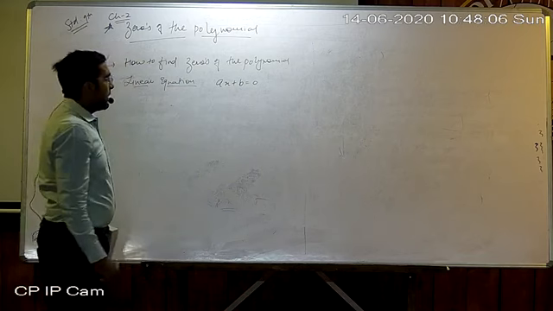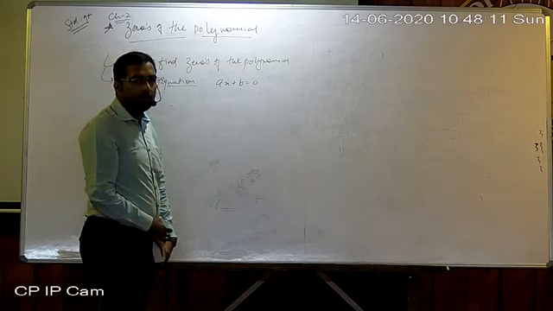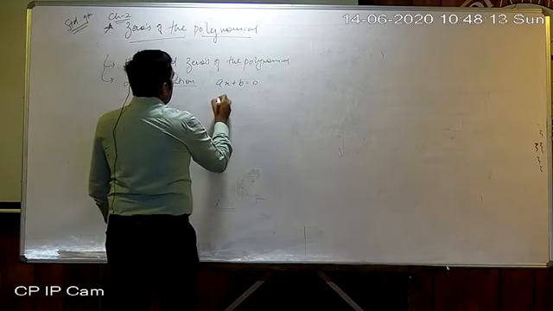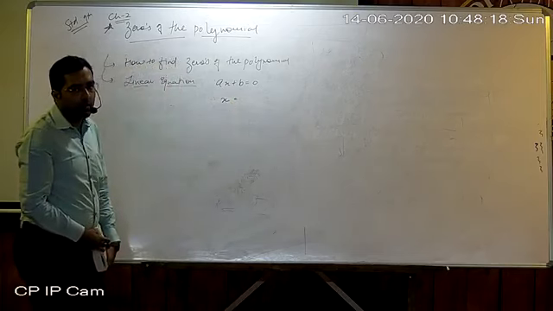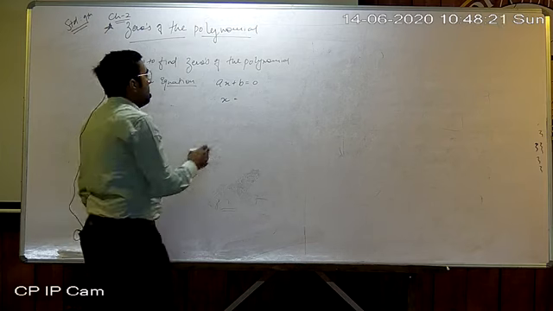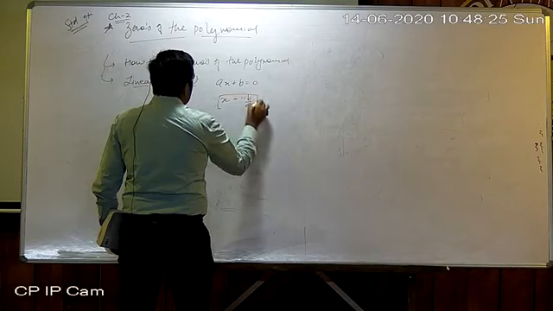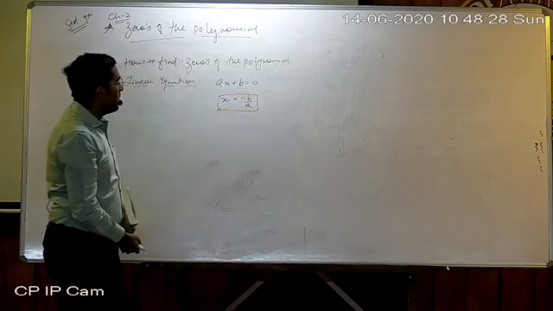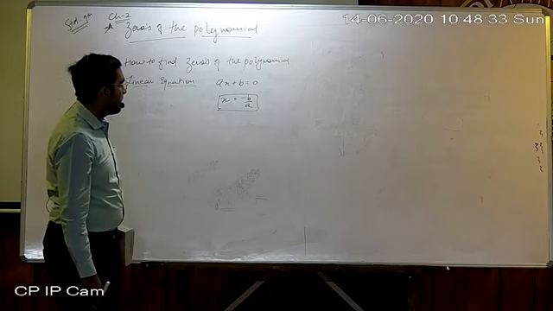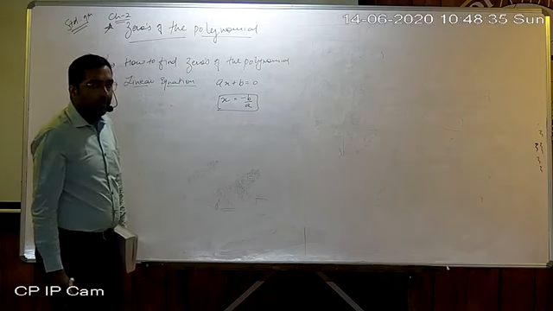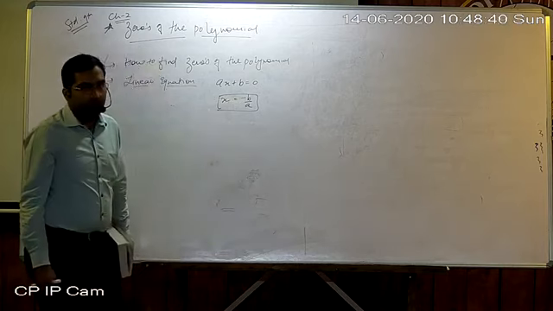So as per the standard formation, the value of zeros means the value of x. We already learned the value of x, or the value of zeros, is minus b by a. Always we are talking about the value of x, that is the zeros of the polynomial. So as per the linear equation, the value of x is minus b by a.